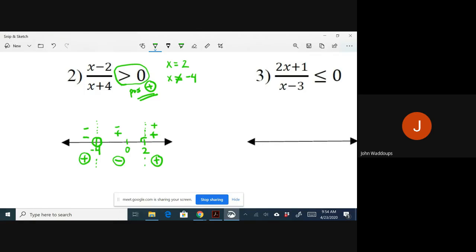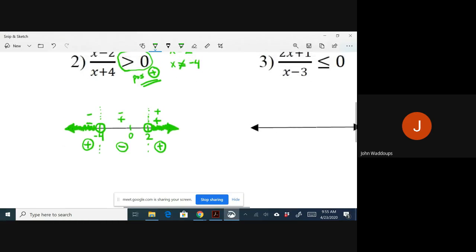And so we use an open circle both at -4 and at 2. And then those are the intervals where this happens. So it goes off to the left here, and it goes over here off to the right. And that's the graph of the solutions.